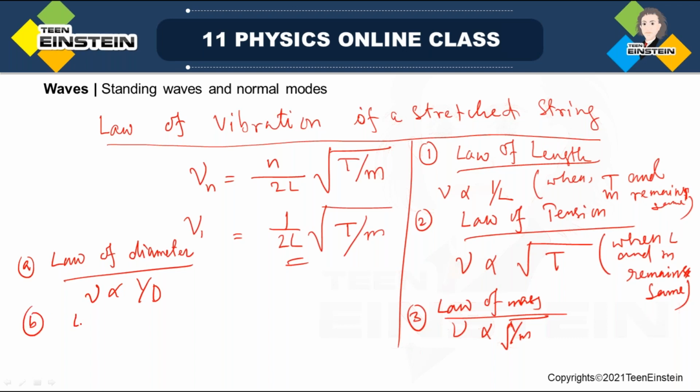And law of density: since the mass is in the denominator, the frequency is inversely proportional to the square root of the density of the string, if the tension, length and diameter remain the same. All right, so this is about the straight string.